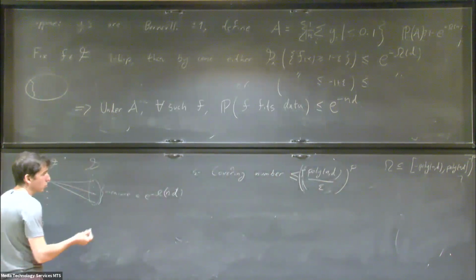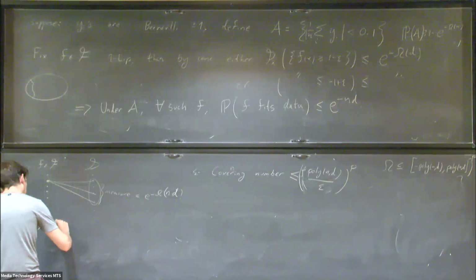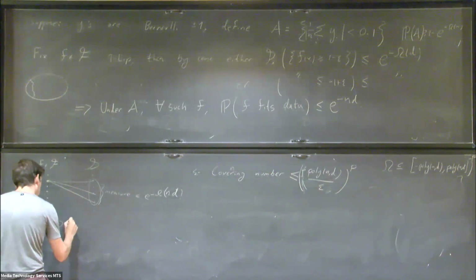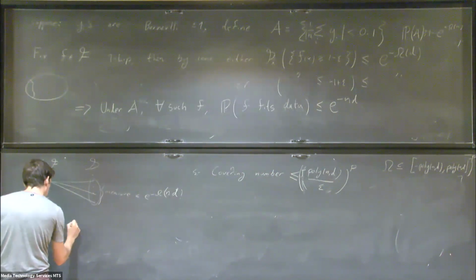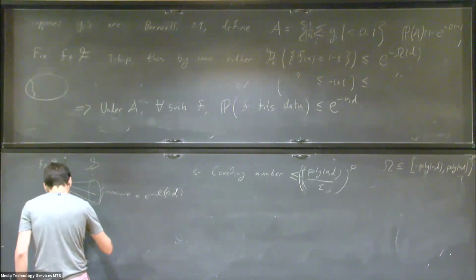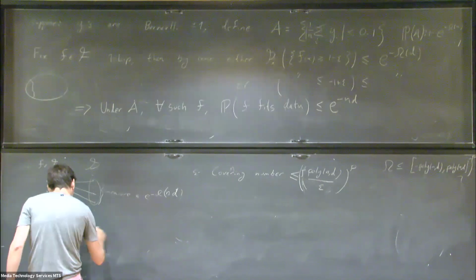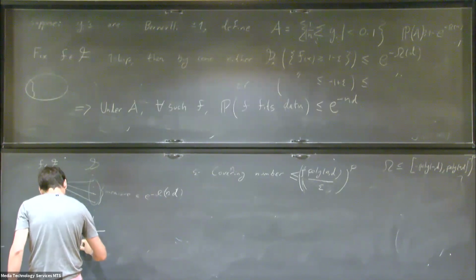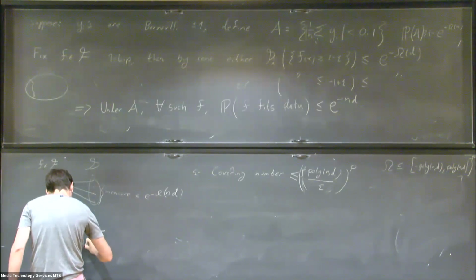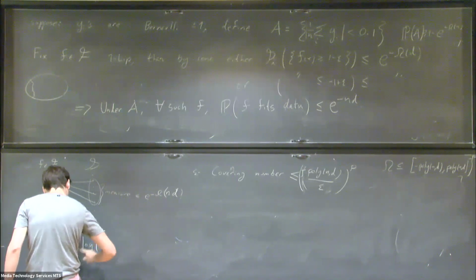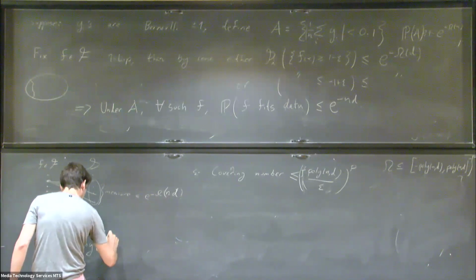So we just get that P needs to be at least n d over log j over epsilon, I guess.